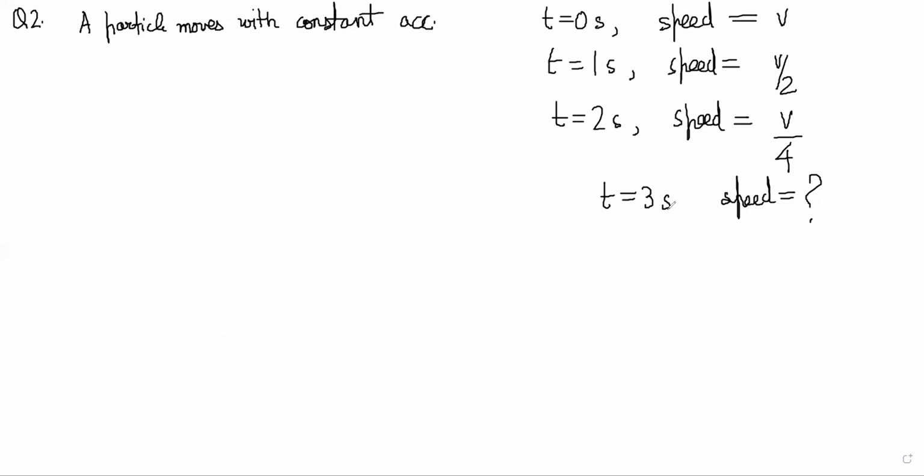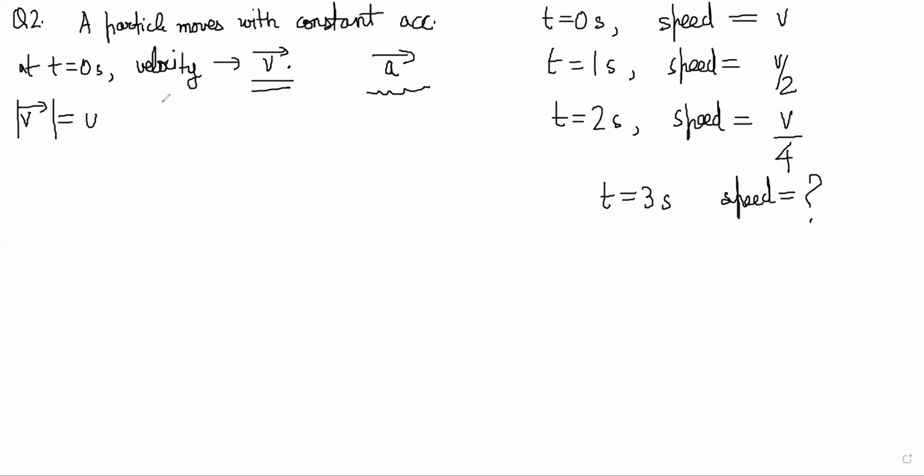This is actually a little tricky because this is speed, right? So speed is actually the modulus of your velocity. So let's start off by saying at t is equal to 0 seconds, velocity of the particle was equal to v vector, right? We know that mod v is equal to v. Now let's say the acceleration vector is a. So what happens at t is equal to 1 second? v final should be equal to v plus at, so v plus a into 1 second.